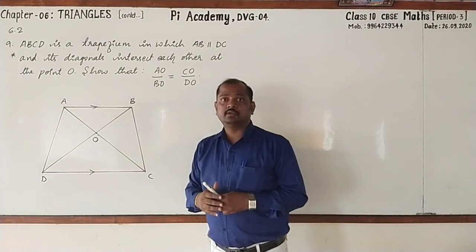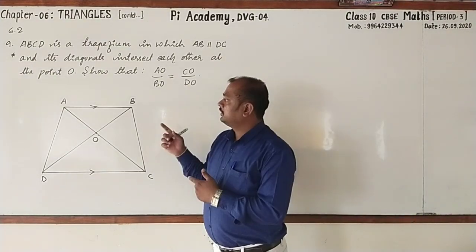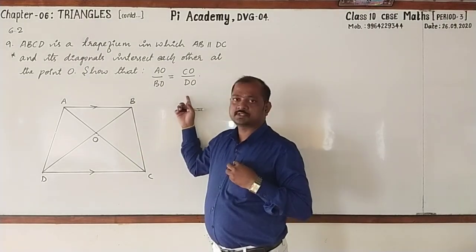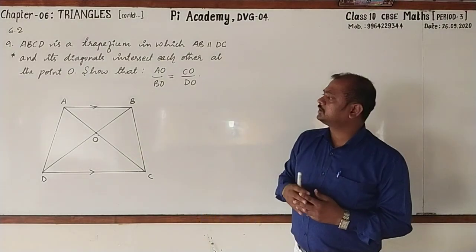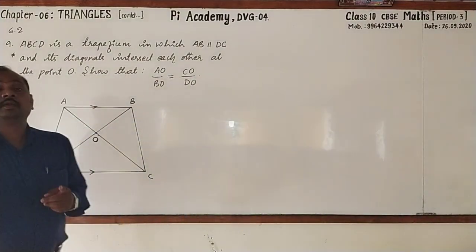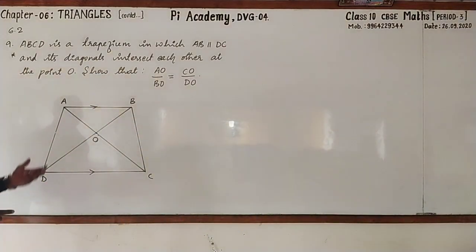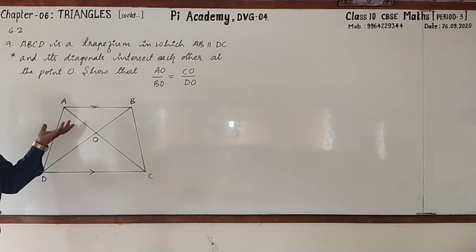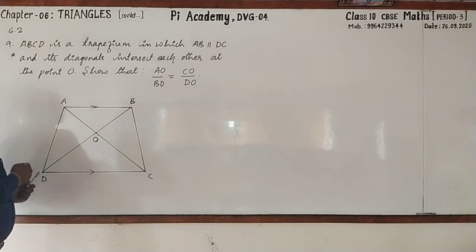As we have learned BPT, let's go for using that. You all may be thinking how can it be used? BPT can be used if and only if there is a line parallel to a side of a triangle. But here there is no parallel side. Hence, it needs construction.